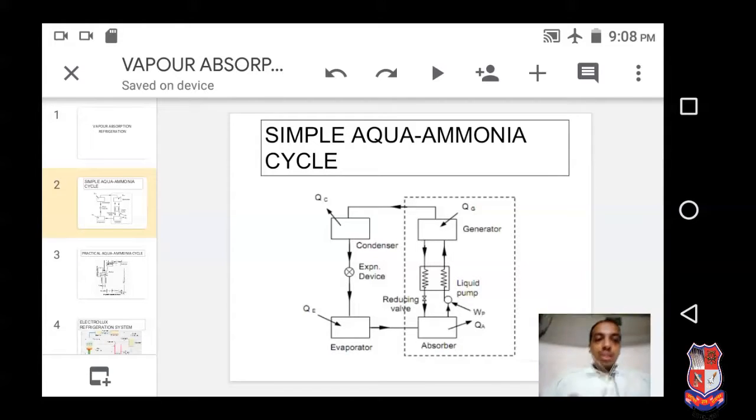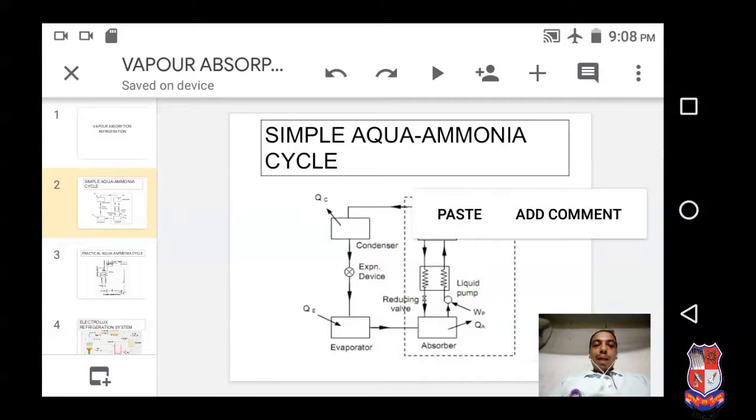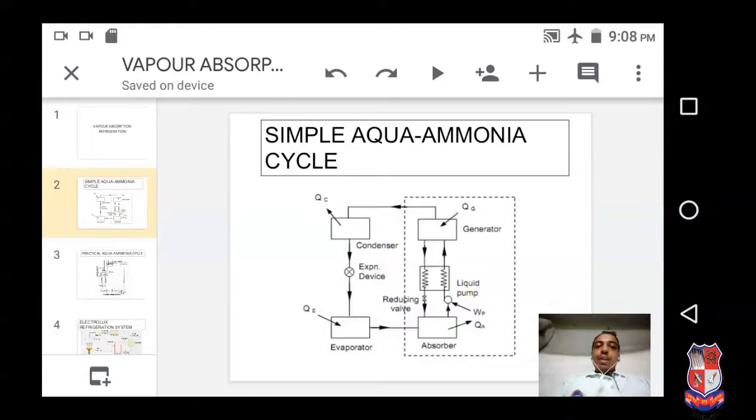So how does this absorber generator mechanism convert low pressure low temperature vapor ammonia to high pressure high temperature vapor ammonia? First of all, the low pressure low temperature vapor ammonia mixes with the water inside the absorber, which generates the rich mixture. This rich mixture passes through the liquid pump to the heat exchanger to the generator.